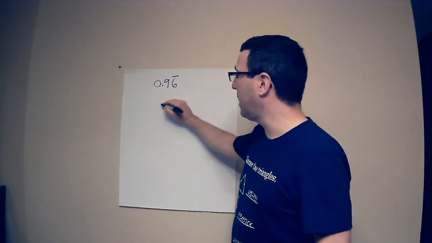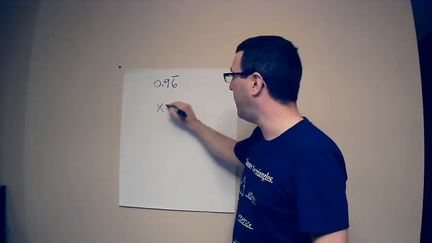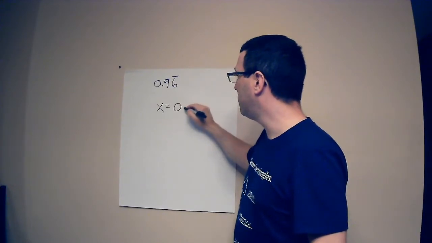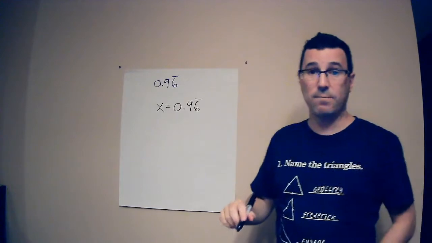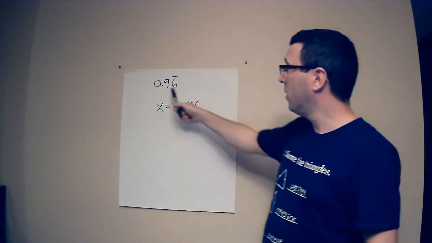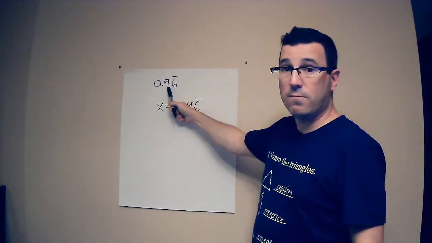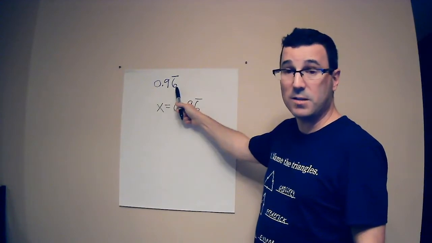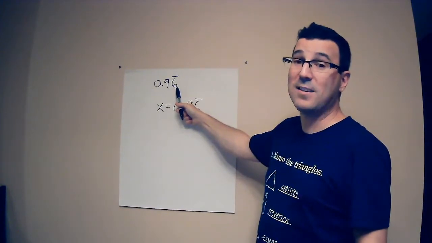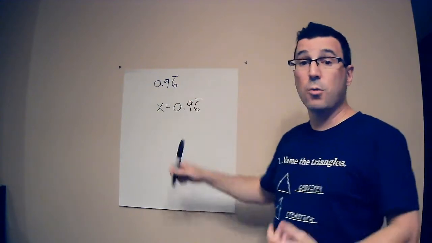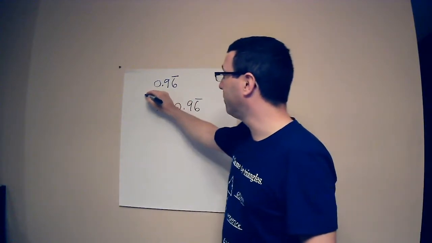So first thing again, I'm going to do x equals 0.96 repeating. This 9 doesn't repeat. The 6 is the only thing that does. That's 2 decimal places, so that's the hundredths place. So we're going to multiply this by 100.